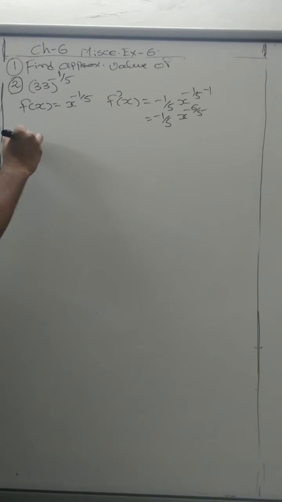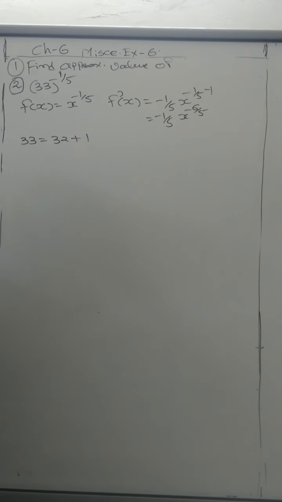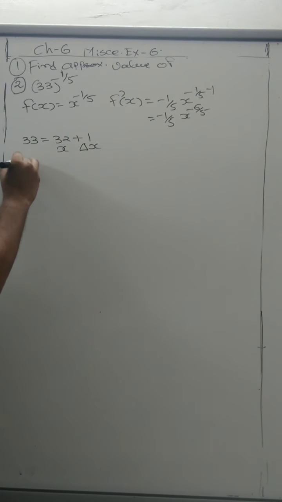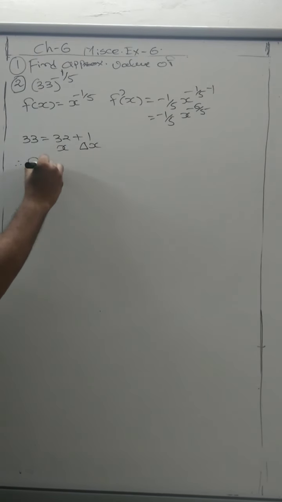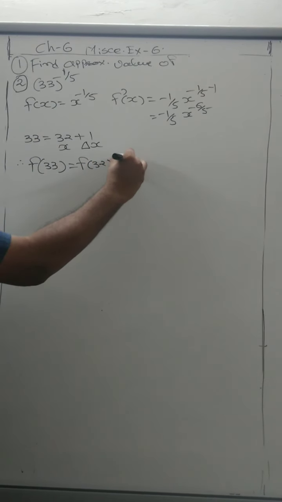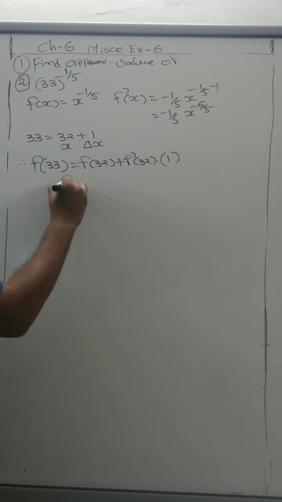Now we take two parts of 33, which is 32 + 1, right? So this is x and this is delta x. Therefore f(33) is equal to f(32) + f'(32) × 1, right?